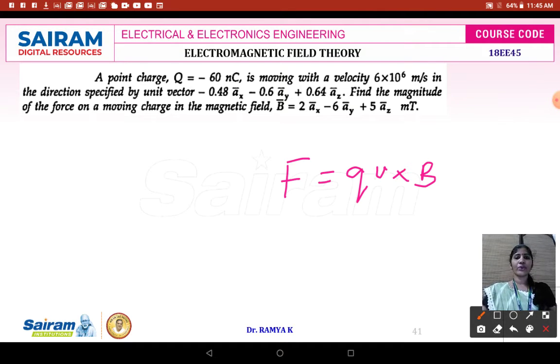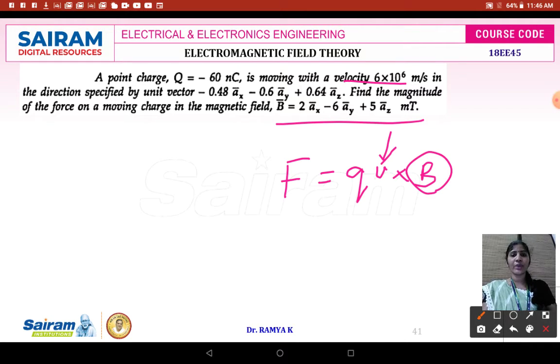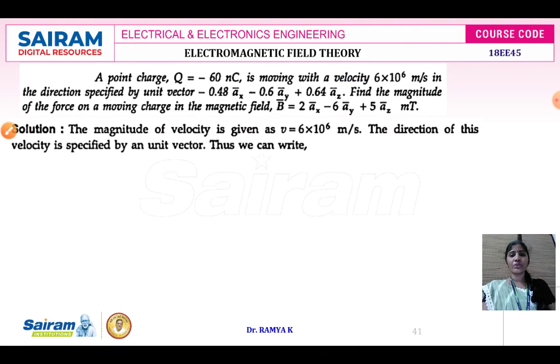The value of Q given is 60 nanocoulomb, the velocity is 6 into 10 to the power of 6, and the value of B given is 2 a_x minus 6 a_y plus 5 a_z, and they have also given the unit vector. So the velocity V is 6 into 10 to the power of 6 in the direction specified by the unit vector.